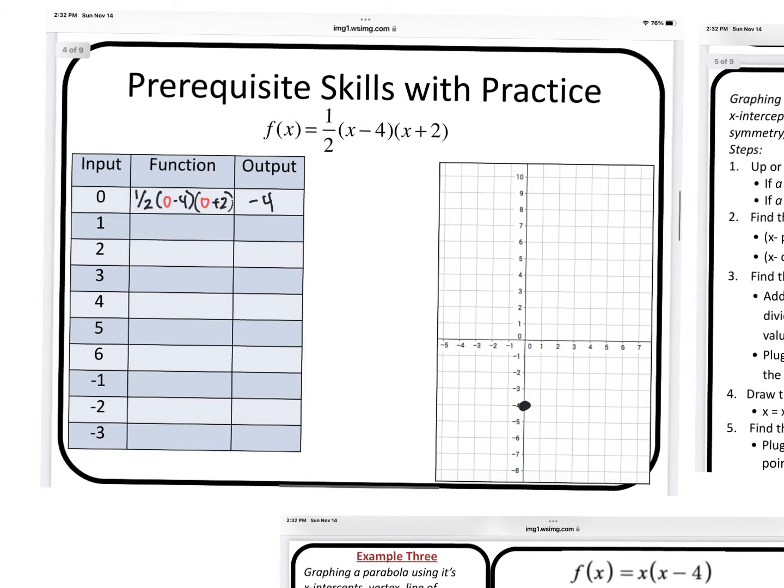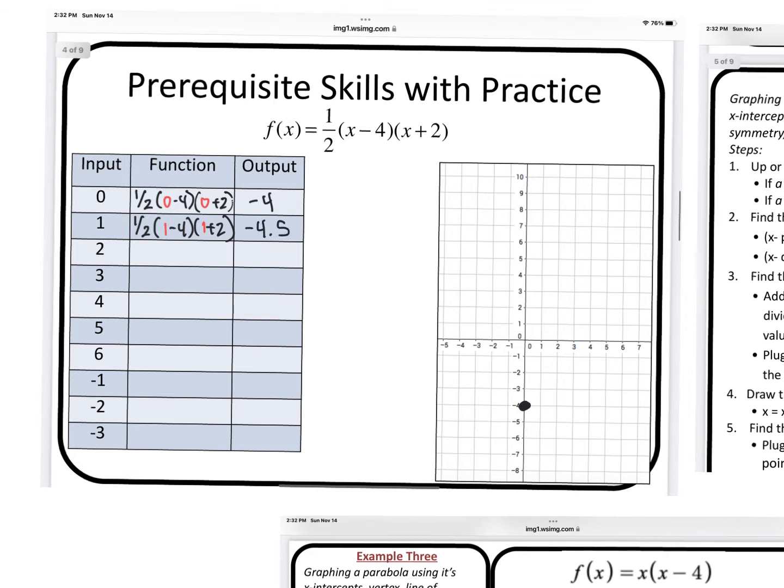Then I'm going to do the next one right here. And so I would have 1, and you can plug this in on your calculator as well, Desmos, it doesn't matter. Plugging that in, this is going to give us a -3 times a +3, which is going to give us a -9. -9 divided by 2, and that is going to give us a -4.5.